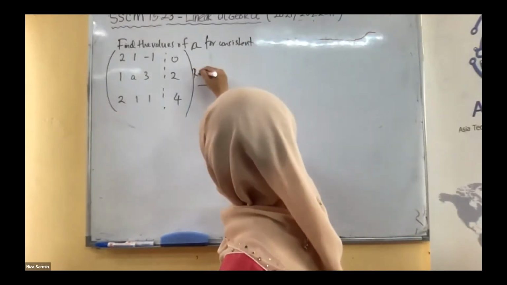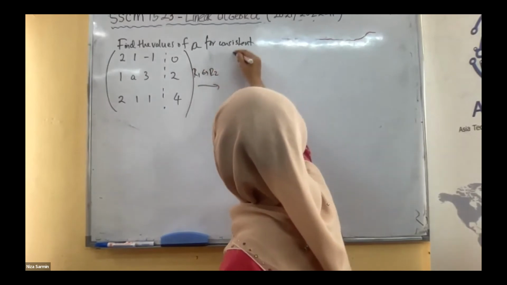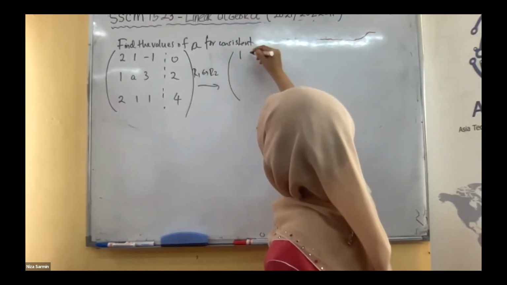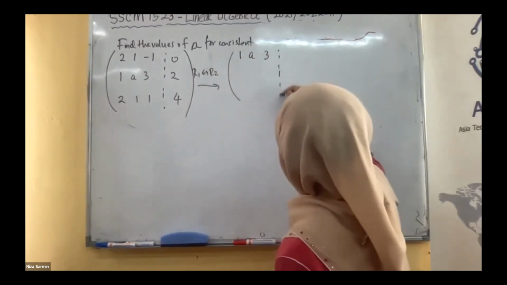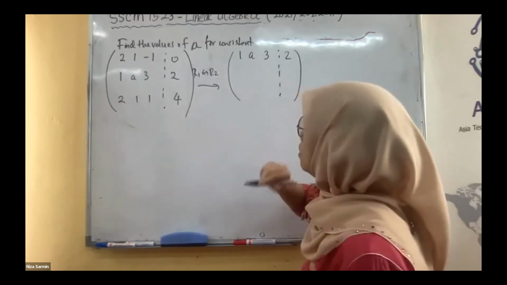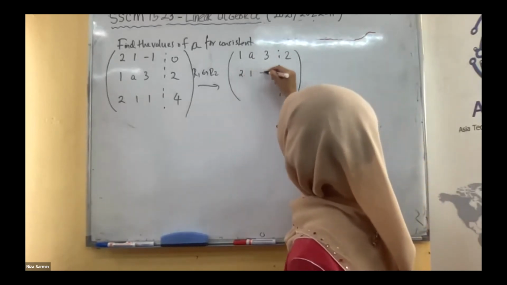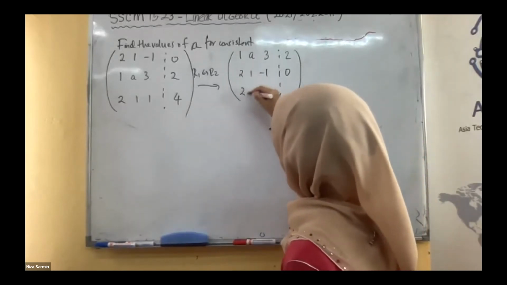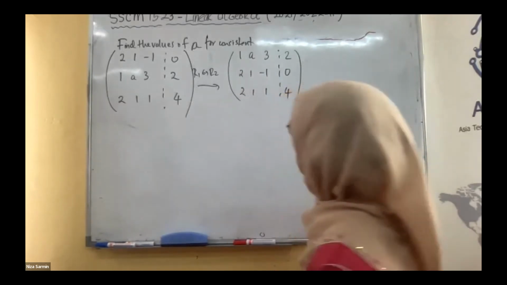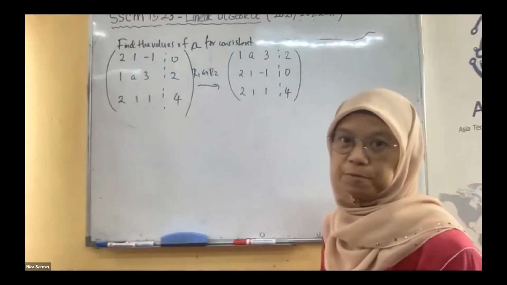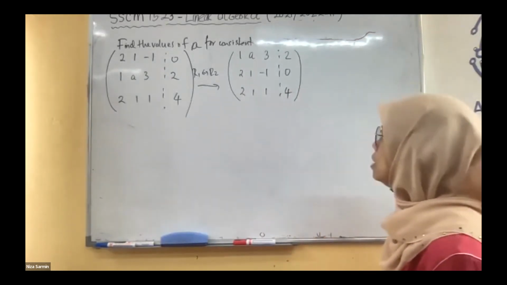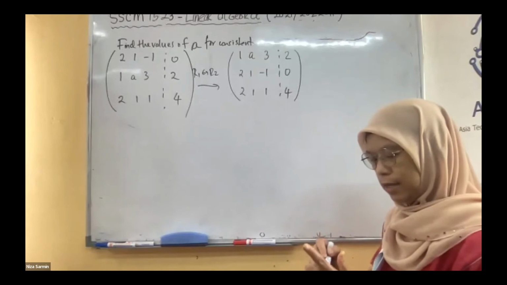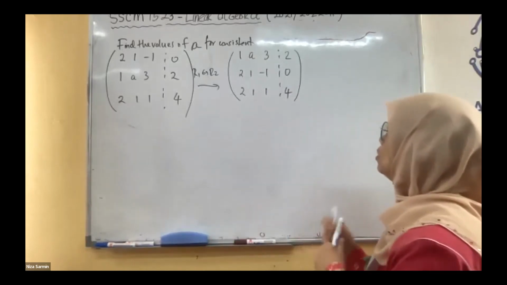So row 1, row 2. Okay, 1, A, 3, 2, 2, 1, negative 1, 0, 2, 1, 1, 4. Just switch. All right. Now we already get the first one.